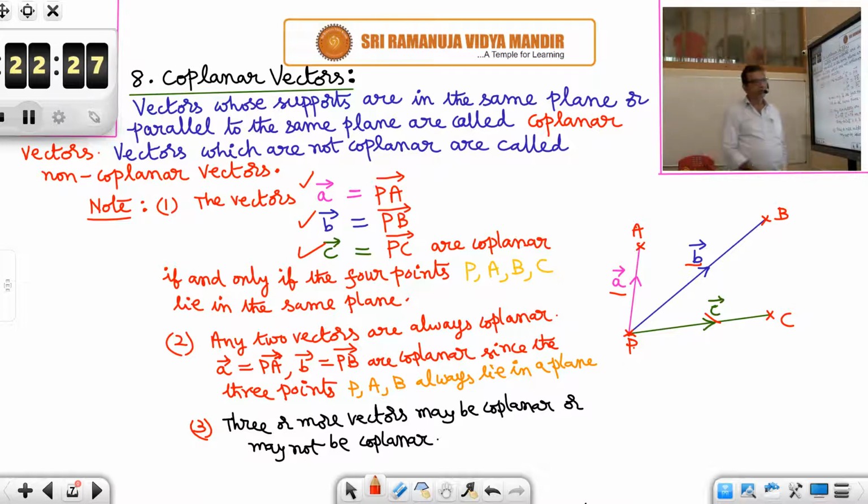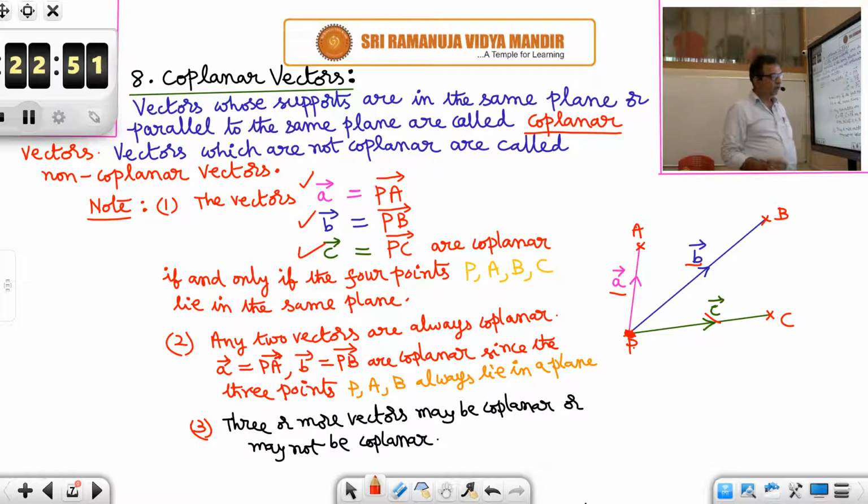Now these three vectors may be coplanar or may not be coplanar. If they lie in the same plane, then they are coplanar. If they are not in the same plane, then they are not coplanar.